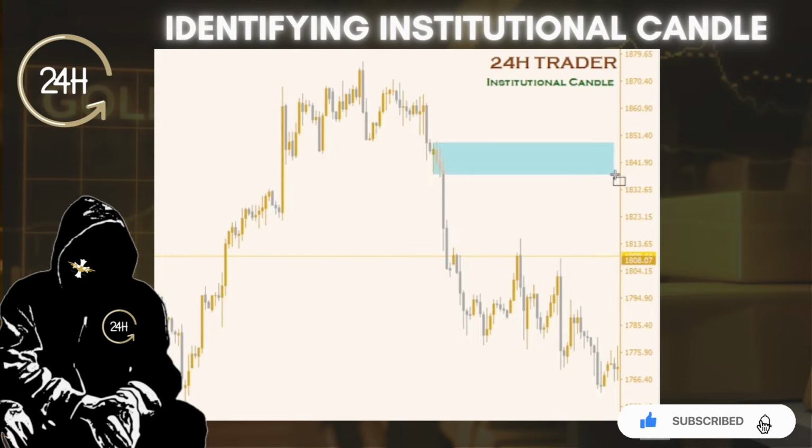This is also a big bullish candle before a bearish move of the market. I still believe the market will pick up this area, but to be sure, we need to check on the lower time frames.